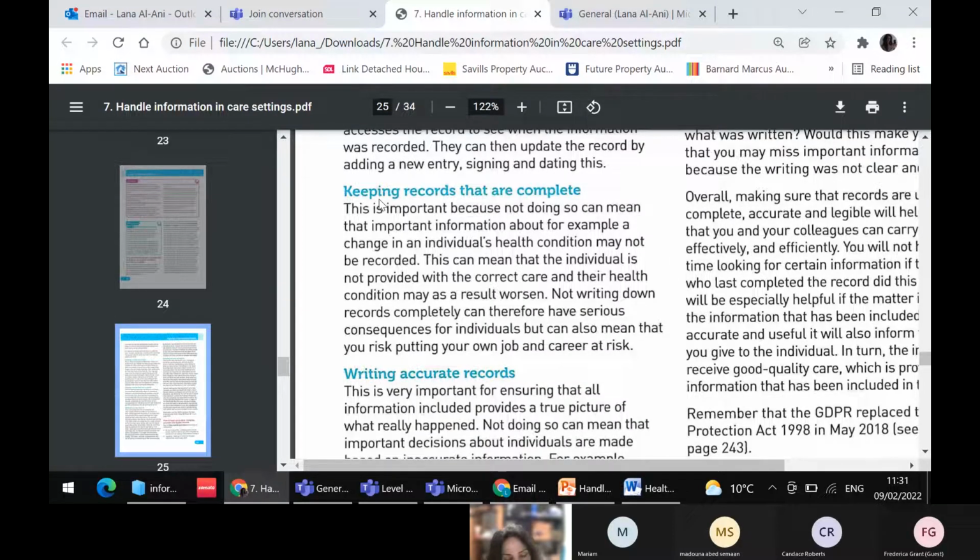Also, as part of my job, I keep the records complete, because there is no benefit of having incomplete information about the individual, because it's unusable and could lead to worse results.